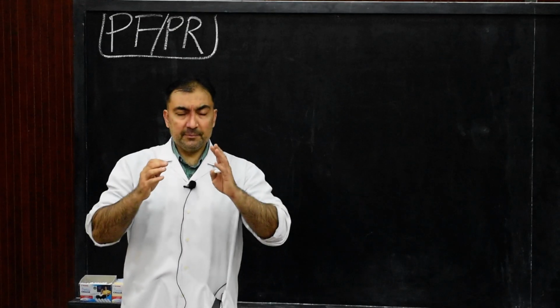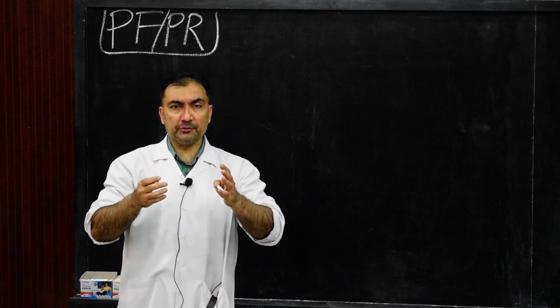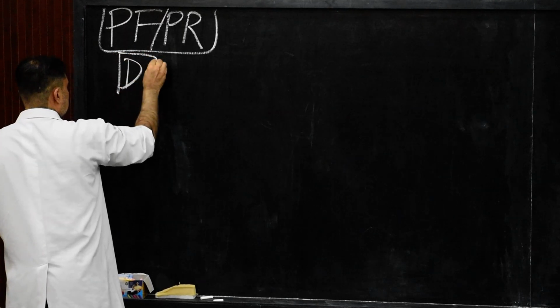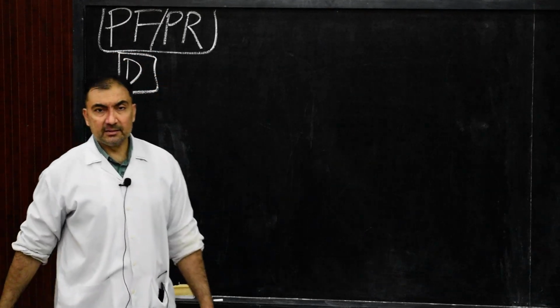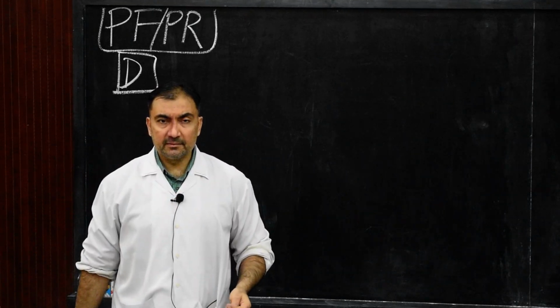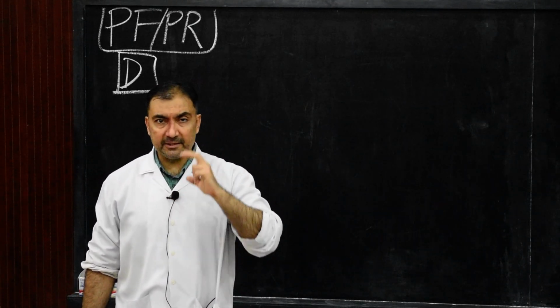First, the definition. Basically, what is peritoneal foci or what is peritoneal recesses? It is defined as small inconstant pockets of peritoneum which are lined by inconstant folds of peritoneum.